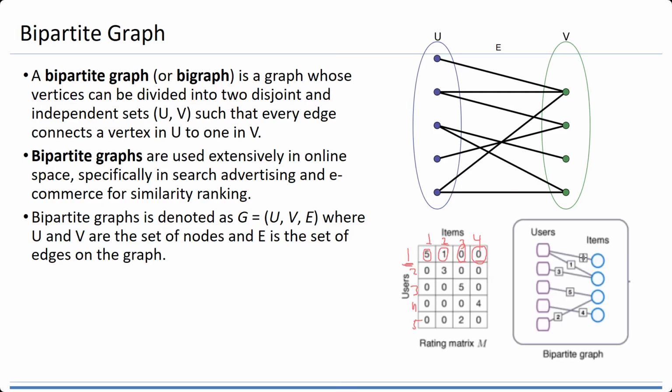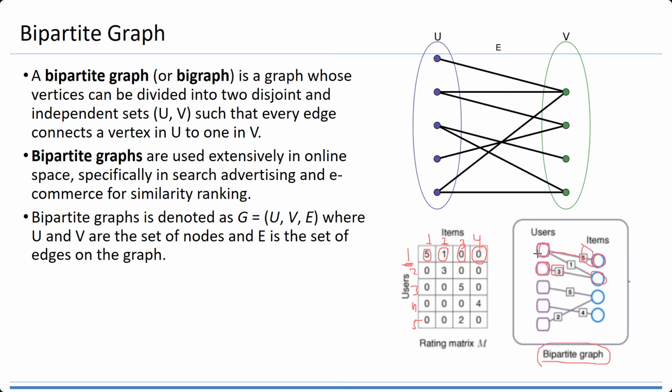Then we can make the graph like the bipartite graph. For example, the user one connects to the item one, and then the rating is 5. The user two connect to the item 2, and the rating is 3.